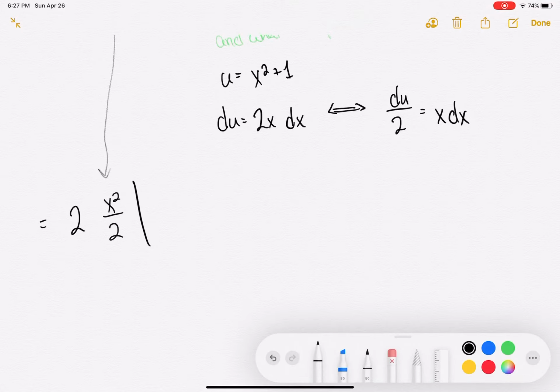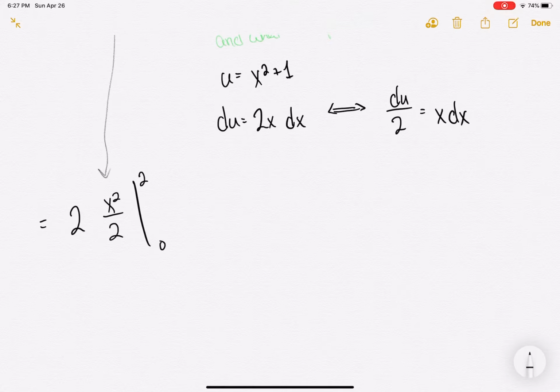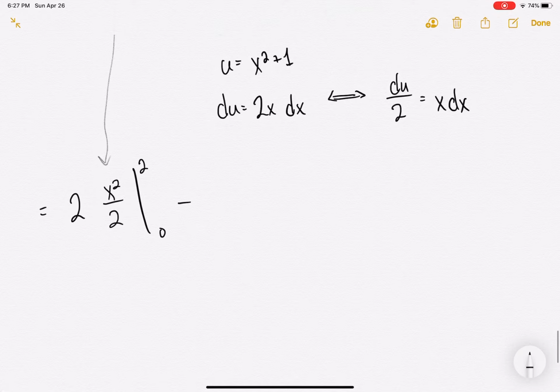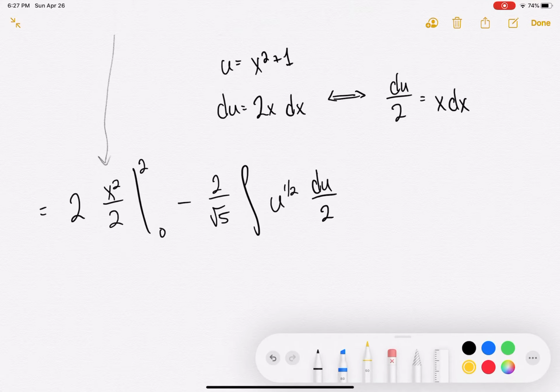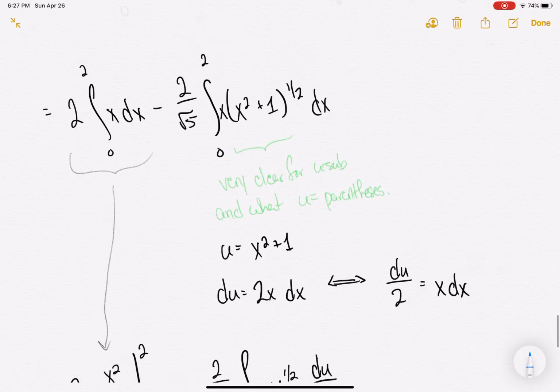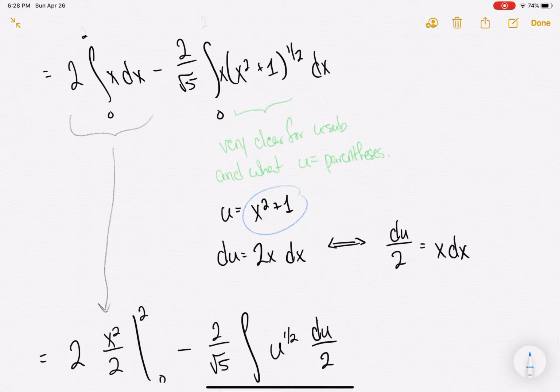x squared over 2 from 0 to 2. Minus, now I'm going to do this one with u sub, right? So 2 over root 5 integral in u sub version. This is u to the 1/2 du over 2. Because, I'll line these up for you so you can see them all. So if that's u, then that's u.